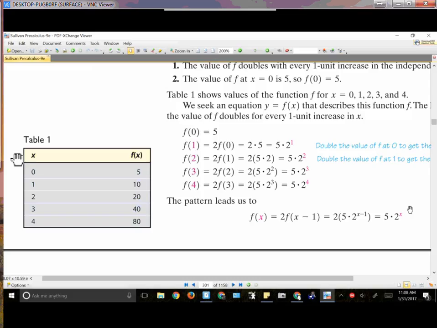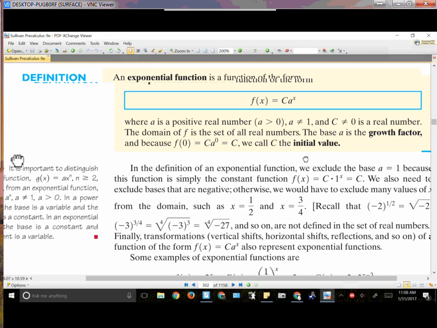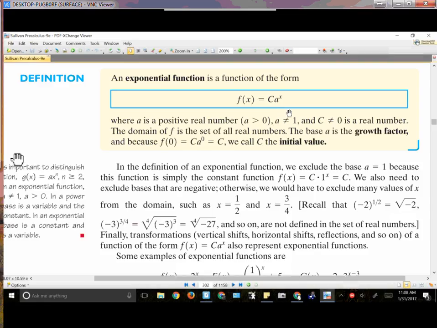So 0 turns out to be the starting point for us. So, something to keep in mind. Exponential form is going to be like this: C a to the x. C is a real number. A is the growth factor. C is our starting point, and if we make sure that we use x starting off with 0, we're fine.